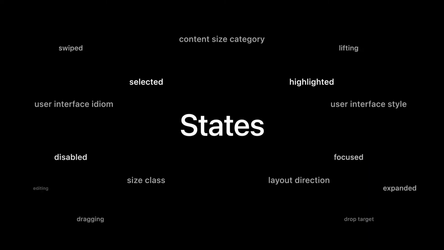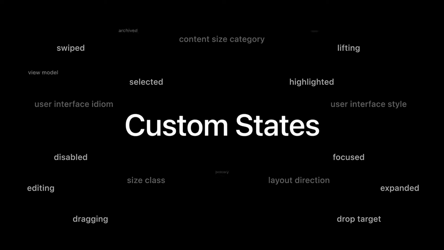On top of those traits, your cells and views exist in a variety of different states. Maybe your cell is selected, or is a target for drag and drop, or maybe it's temporarily disabled. These are just some of the different states that are common in UIKit. And on top of these states, your app has its own custom states.